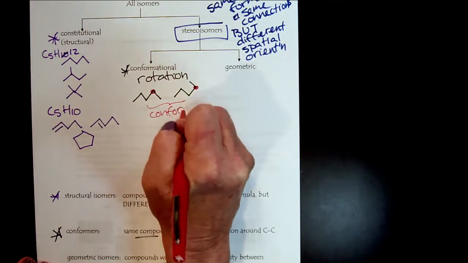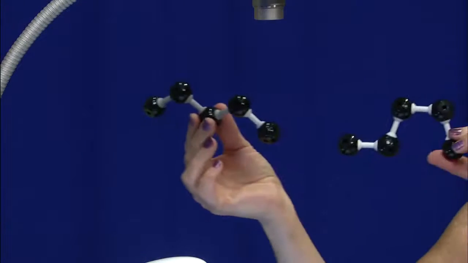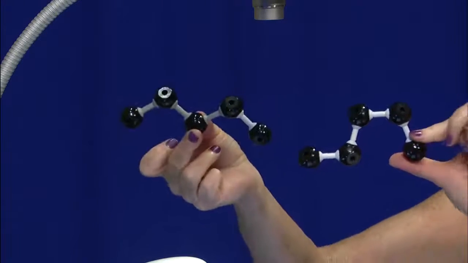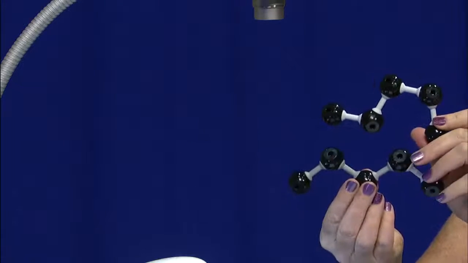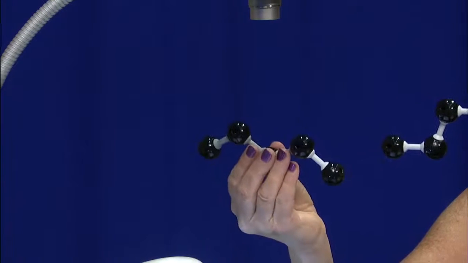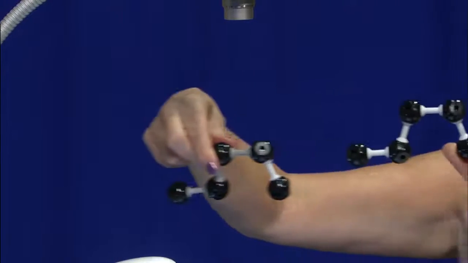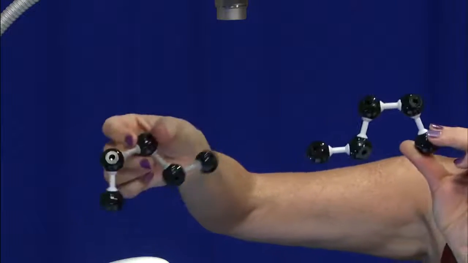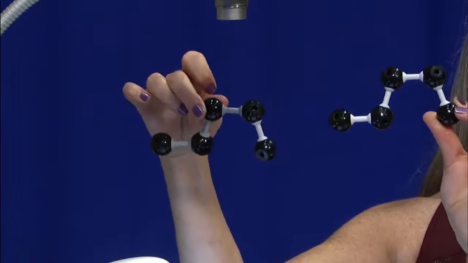Now I'm going to show you a simplified model here. Let's look at these models. Here they're both C5. Now to change them, I just rotate. Now if I rotate here, there we have the same compound.